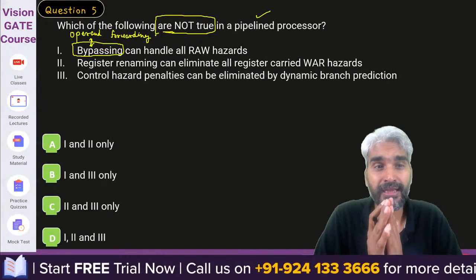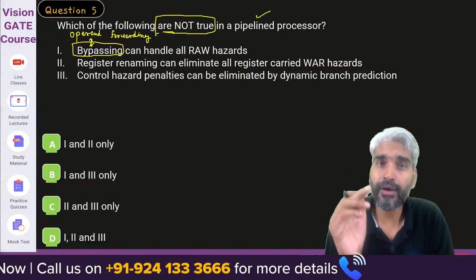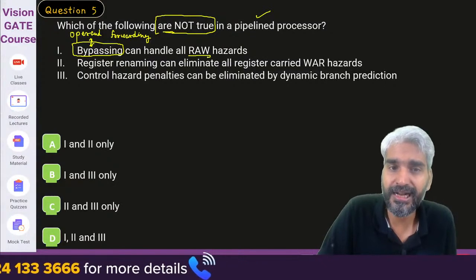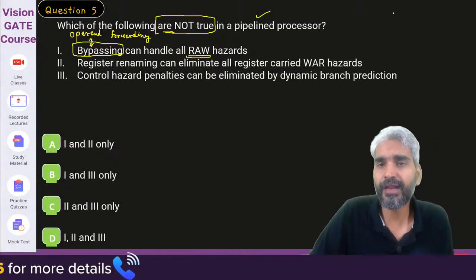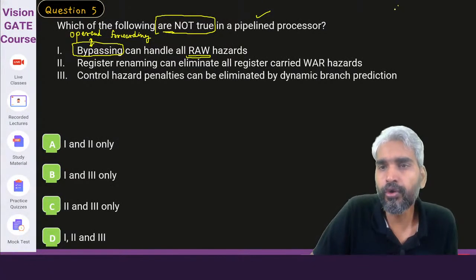In that particular case, operand forwarding will not be able to eliminate the stall cycles present in the pipeline because of the RAW hazard completely. And that will happen because of a load type of instruction.